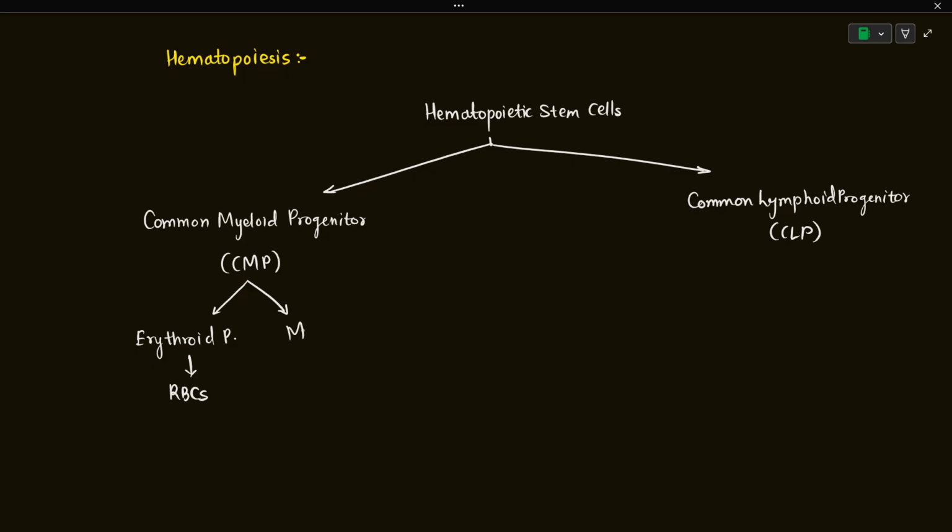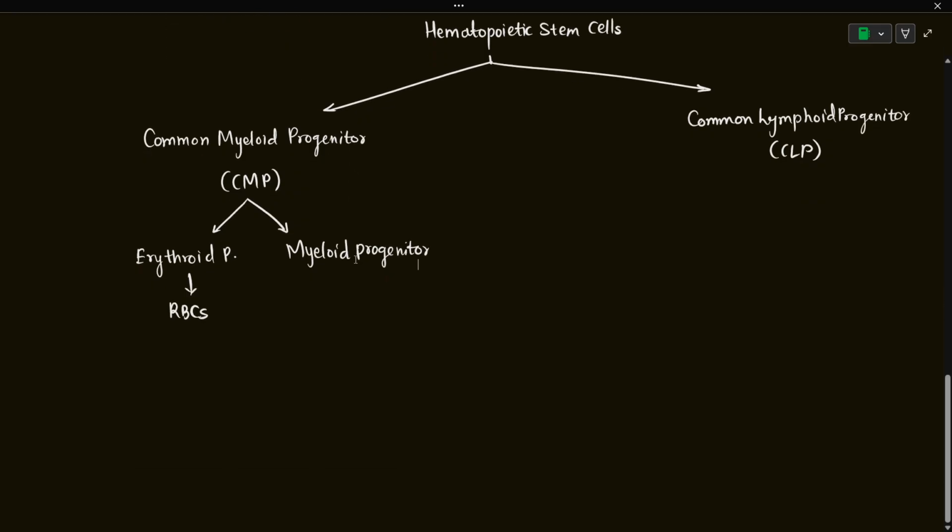Or the CMP, common myeloid progenitor, can commit to the myeloid lineage by forming the myeloid progenitor, right? So this myeloid progenitor cell can develop and differentiate into multiple progenitor cells, which are going to commit themselves to being WBCs, to being the granulocytes in future.